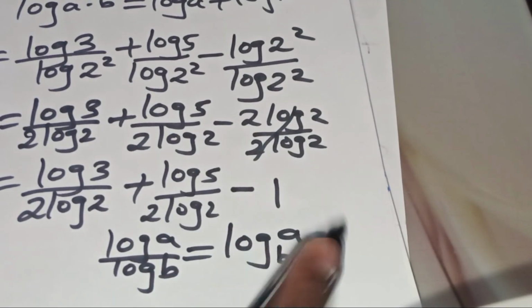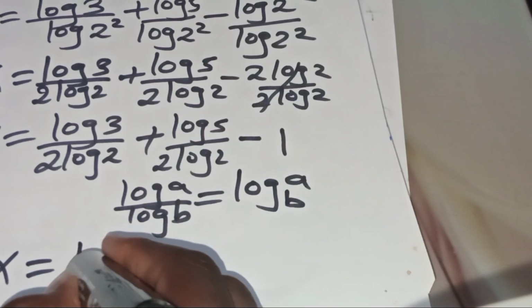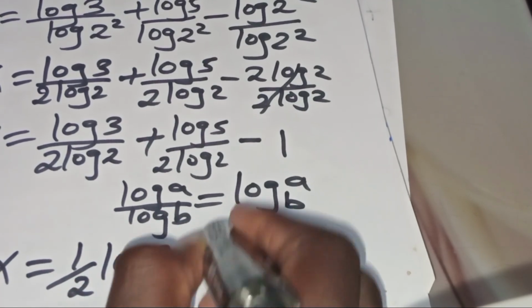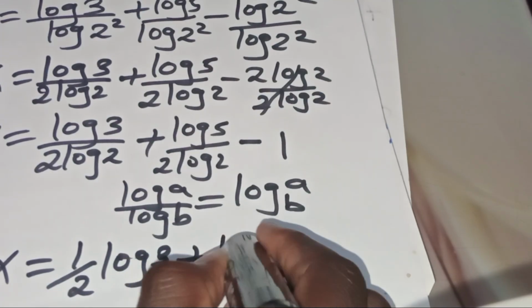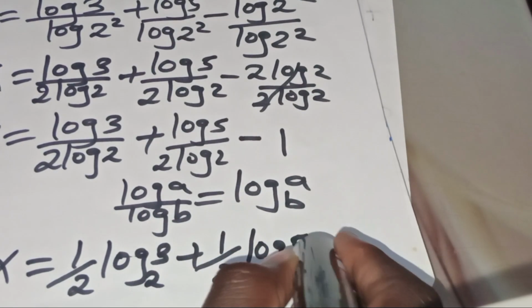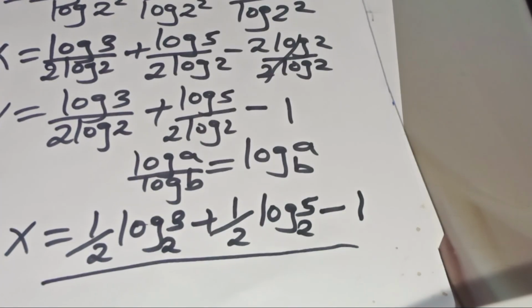Now let's apply this property so that x is basically equal to half log 3 to base 2, okay, plus half log 5 to base 2 subtract 1. Now this is the value of x.